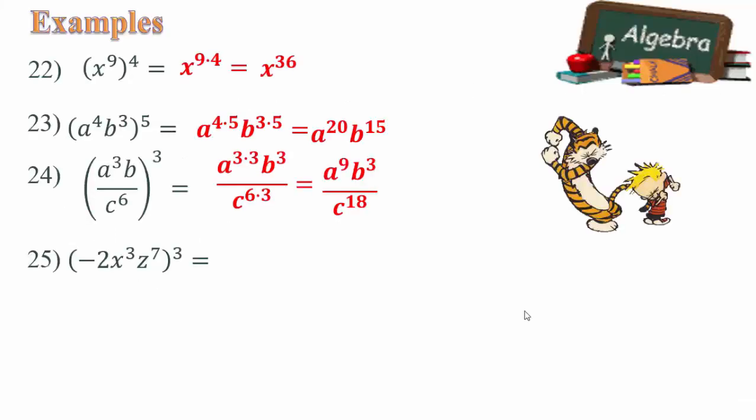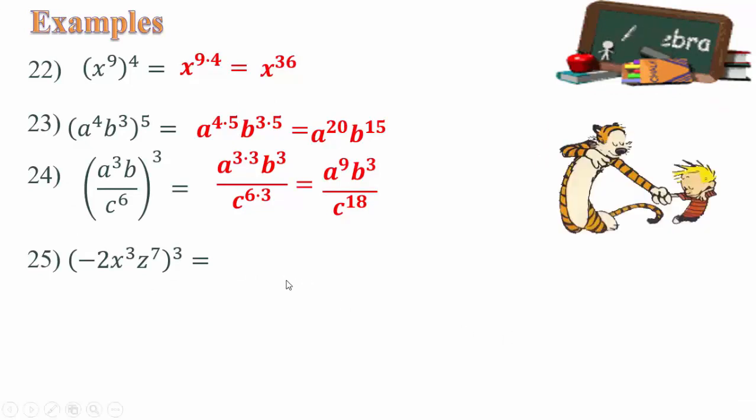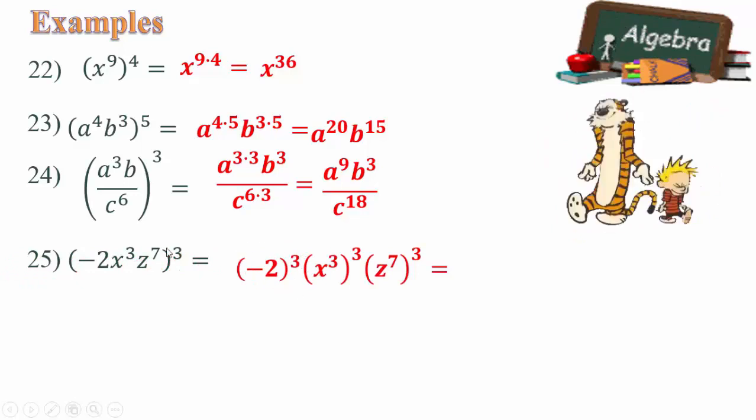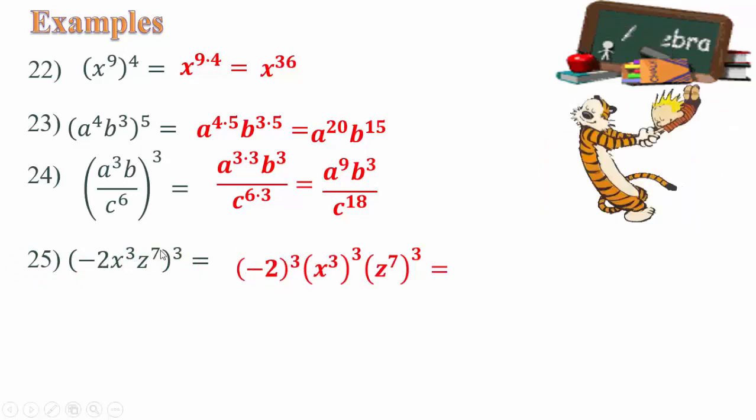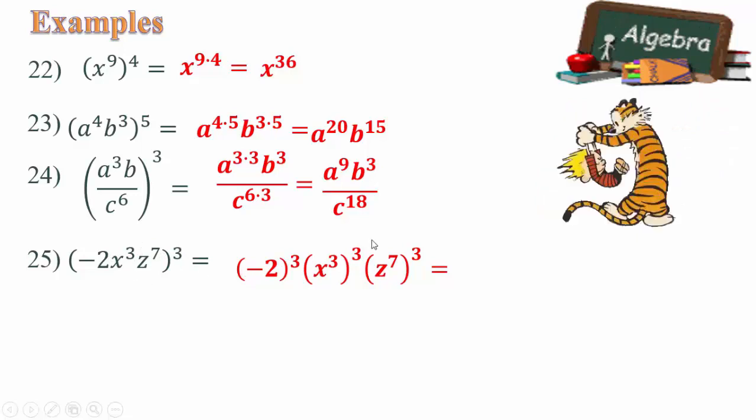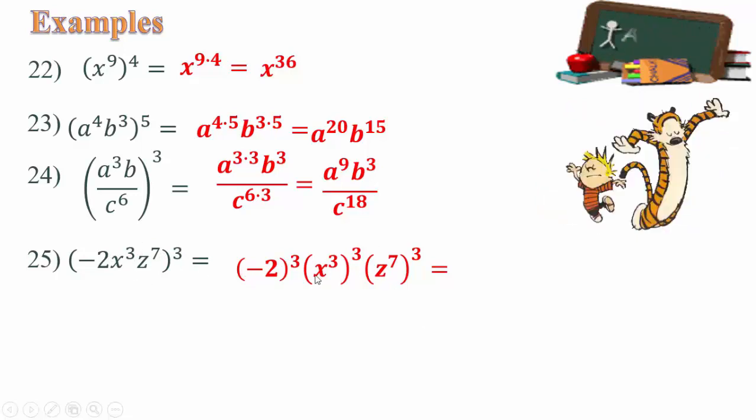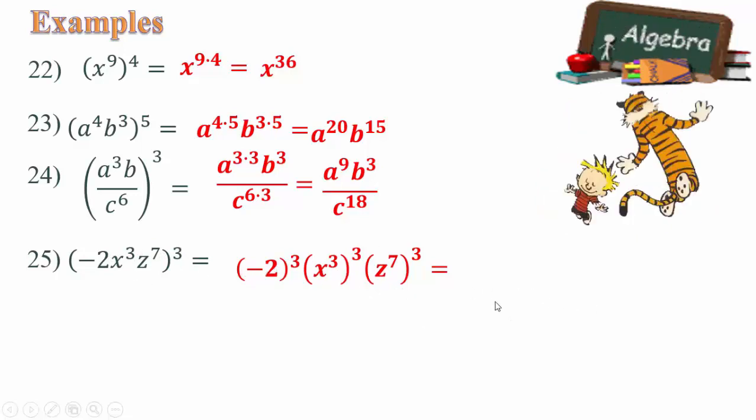In reviewing what we just did on the whiteboard in example number 25, here I have the negative 2 to the 3rd power, then I did the x's, the z's, all of these to the 3rd power, and then I worked each one of these out.